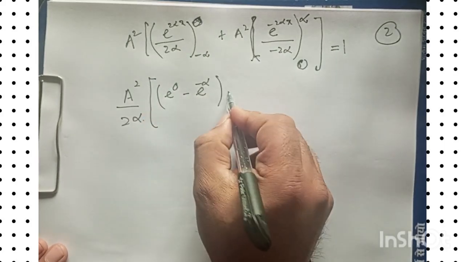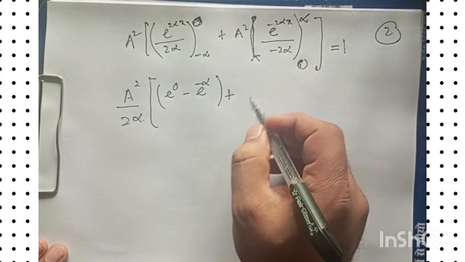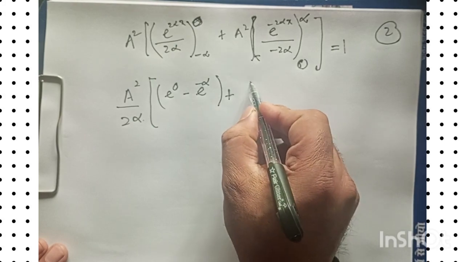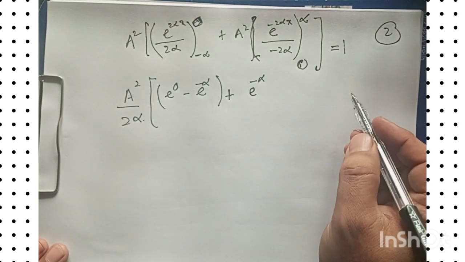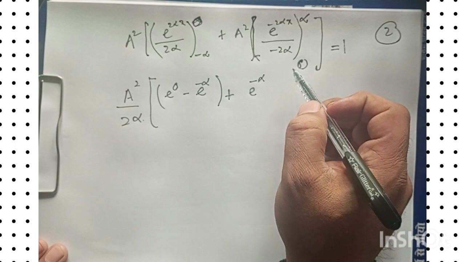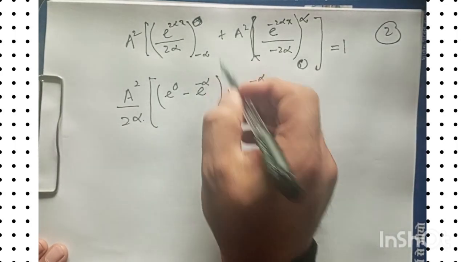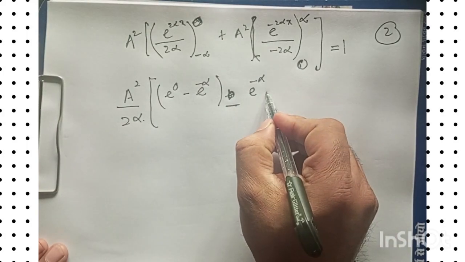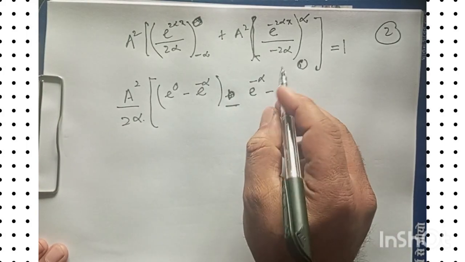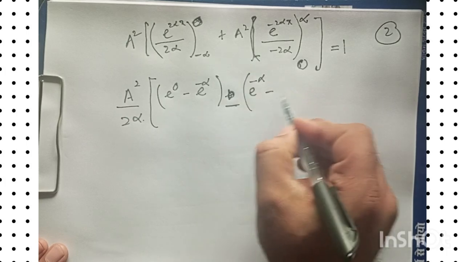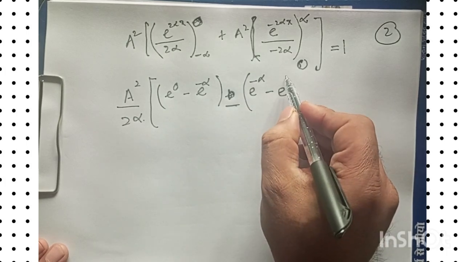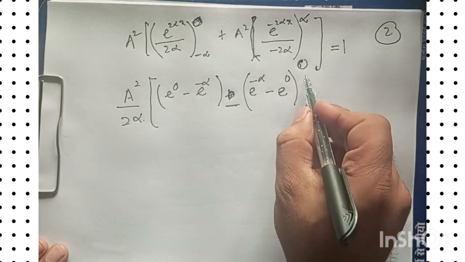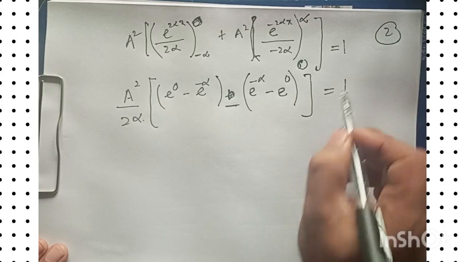Plus, for the second, the upper limit is e to the power of minus infinity, and the lower limit, with the minus coming here, is minus e to the power of 0. That is equal to 1.